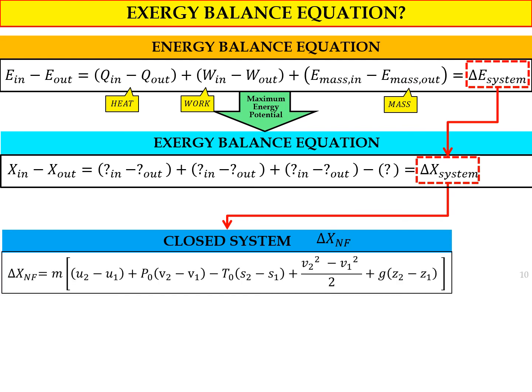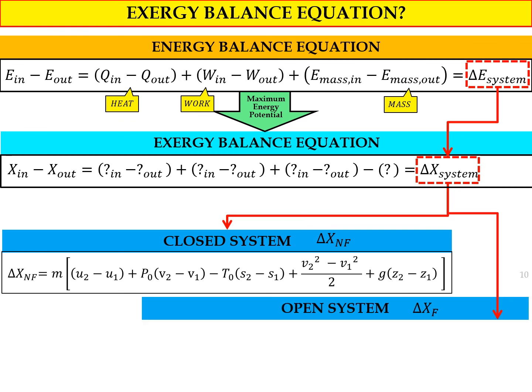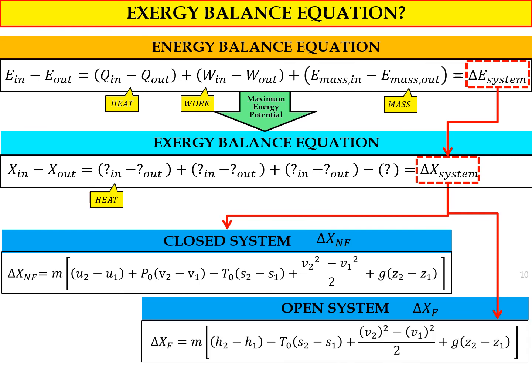And for the closed system, this is the delta X system, the exergy changes of the system, and also for the open system, which, as I mentioned earlier, comes from heat, work, mass flow rate in and out, and also another one, which is the losses or the irreversibility.